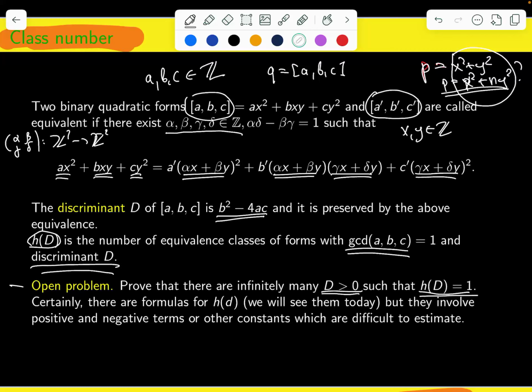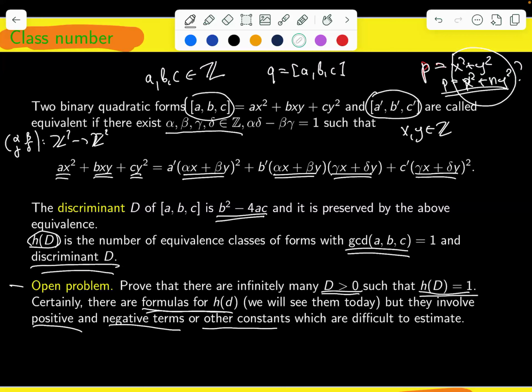So even though there are many formulas for h of d, which I will present at the end of the talk, usually they involve both positive and negative terms. So you have a formula, but you don't know about the signs of terms or some other constants which are difficult to estimate. Maybe you present your h of d as a plus b, but a and b by themselves you also cannot estimate.